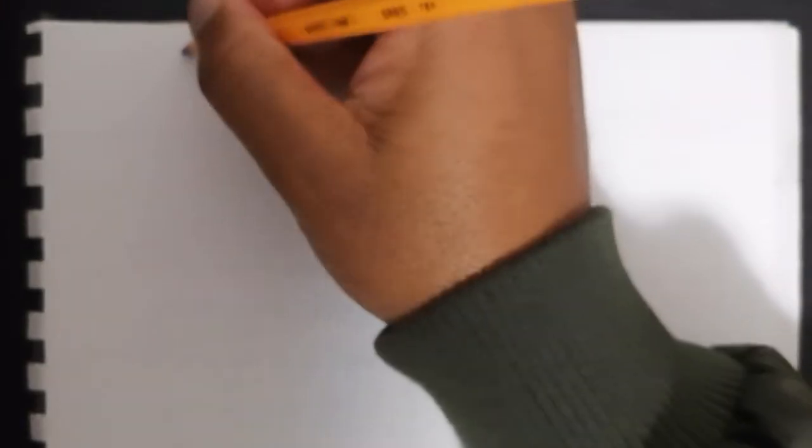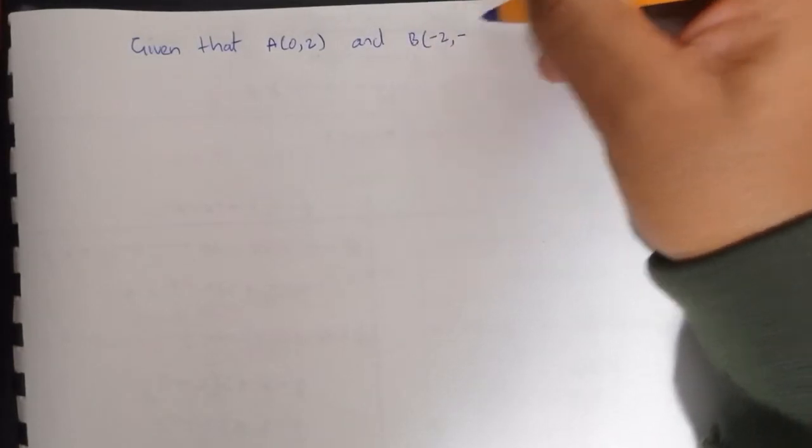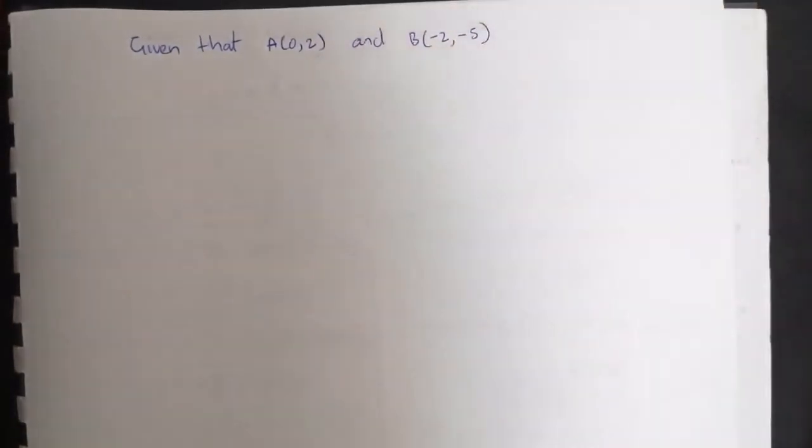So in our next example, we're given that A has the coordinates 0 and 2, and B is minus 2, minus 5.